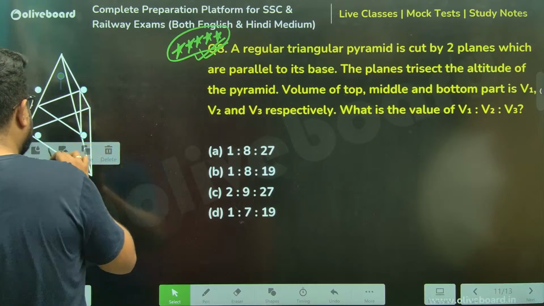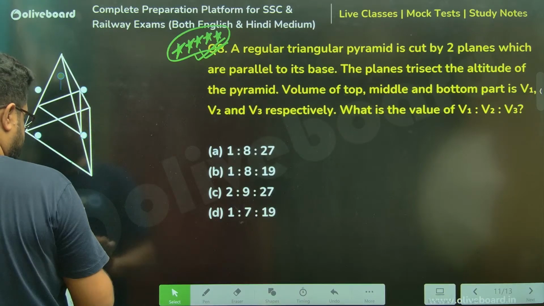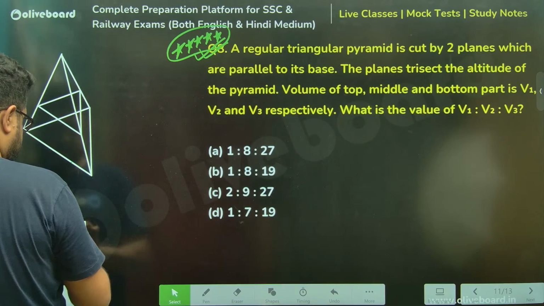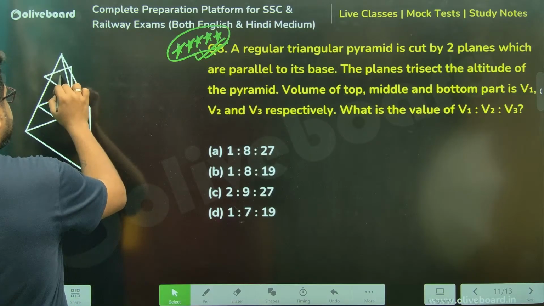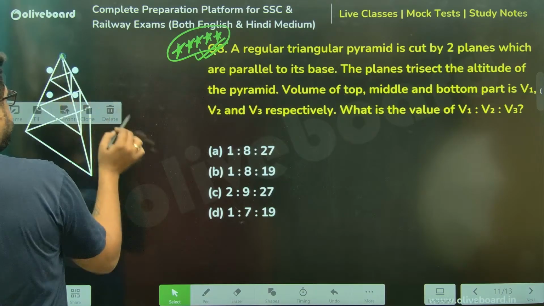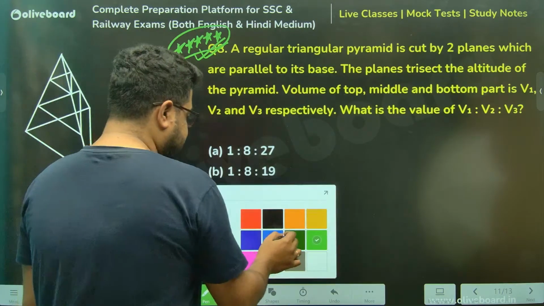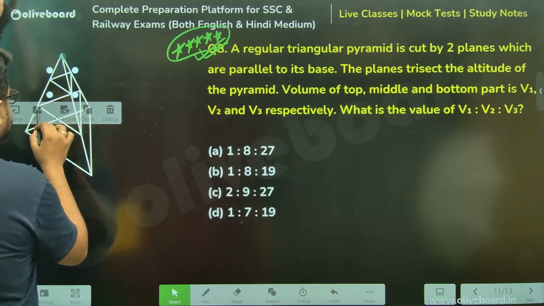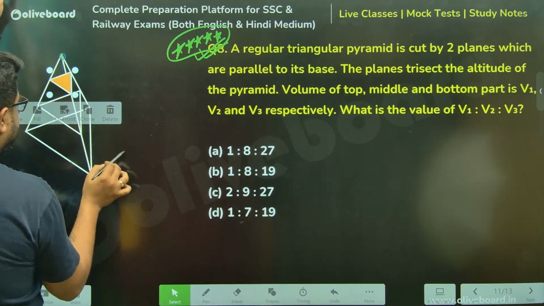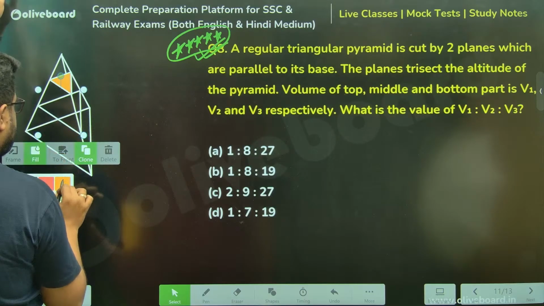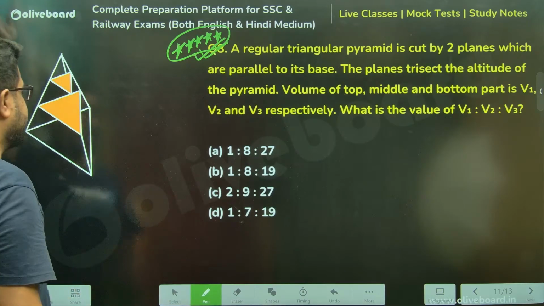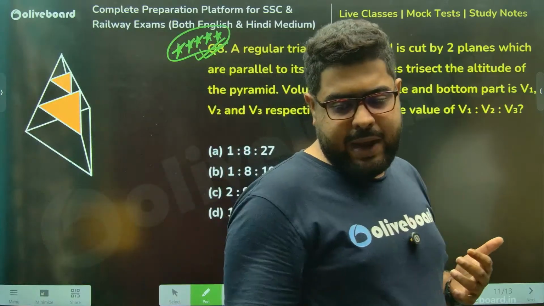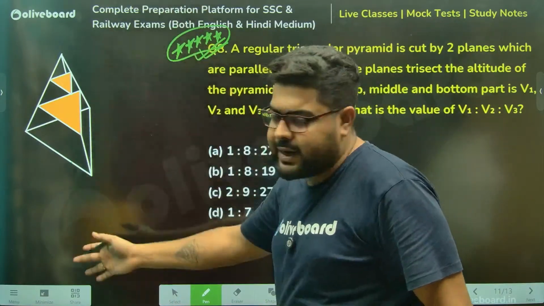Again, sir, they have taken another parallel plane, which is something like this. Sir, somewhere like this. Are you guys getting my point, everyone? Again, if you want me to help you a little bit further, sir, this is how it looks. So there are two parallel planes which have trisected this.